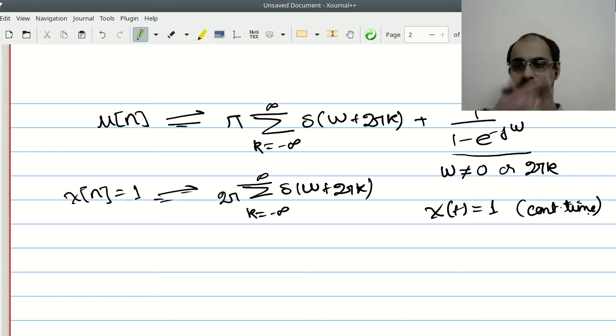Obviously it's band limited because the only frequency present in it is 0 Hz. Now if you sample this continuous time signal, what do you get? You will get 1, 1, 1, 1, 1. That's true. But what is the continuous time Fourier transform of this? It is delta of f.